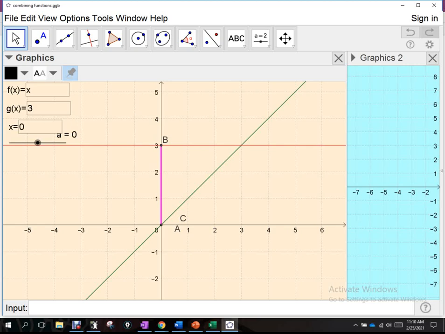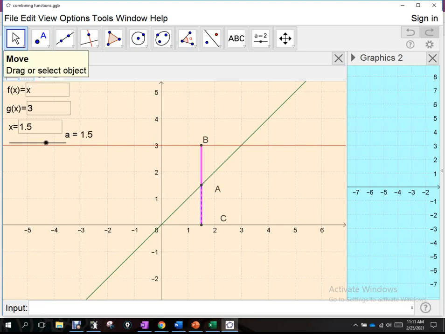So when x is 0, the y value that I get back here would be 0. Does that make sense? So I'm going to plot some points here to see if we can make a connection between what's happening with this information. When x is 0, I'm going to add ultimately this purple segment. Can you see that dotted segment right there?